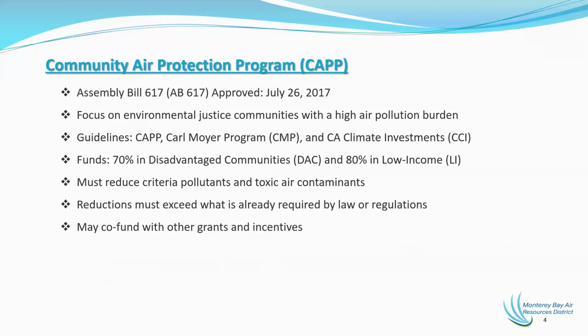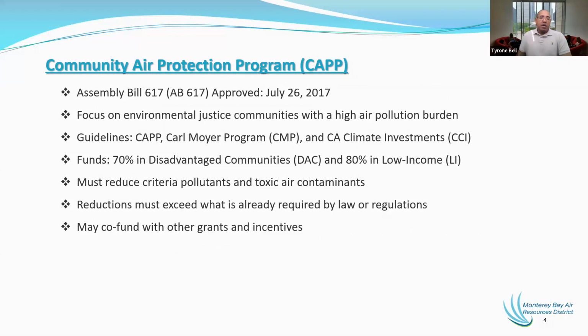So AB 617 was authored by Assembly Member Christina Garcia to address disproportionate impacts of air pollution in environmental justice communities. It was signed into law by Governor Brown in 2017, requiring local air districts to take specific actions to monitor air quality and reduce air pollution in these communities.